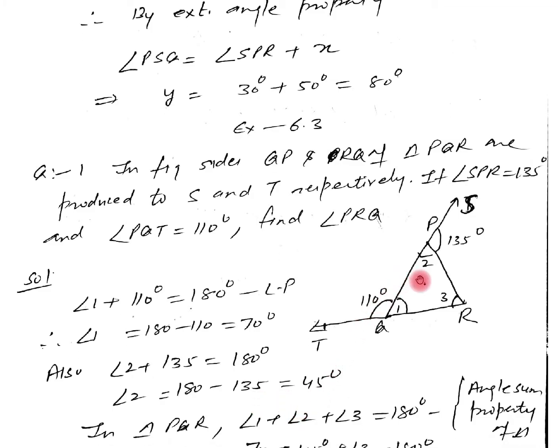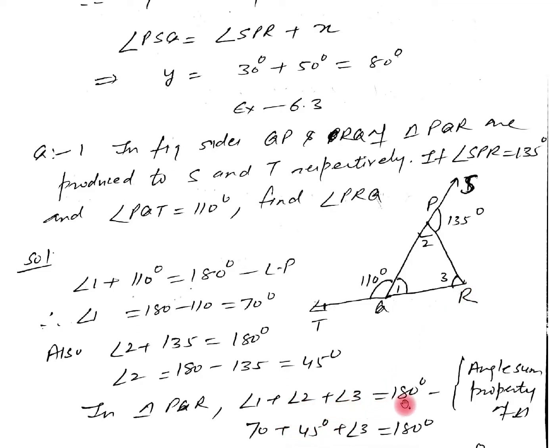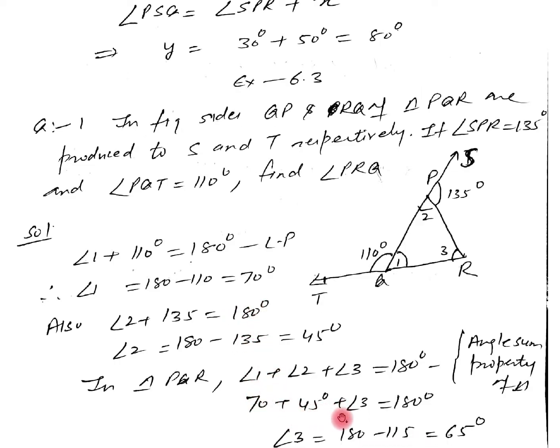Now we have to find out angle PRQ. This I have numbered 3. In the triangle PQR, angle 1 plus 2 plus 3 equals 180 degrees. Putting the values of angle 1 and angle 2, 70 plus 45 plus angle 3 equals 180 degrees.